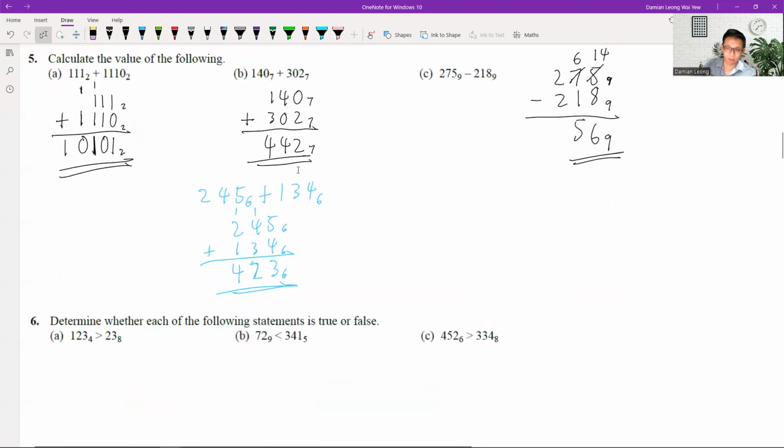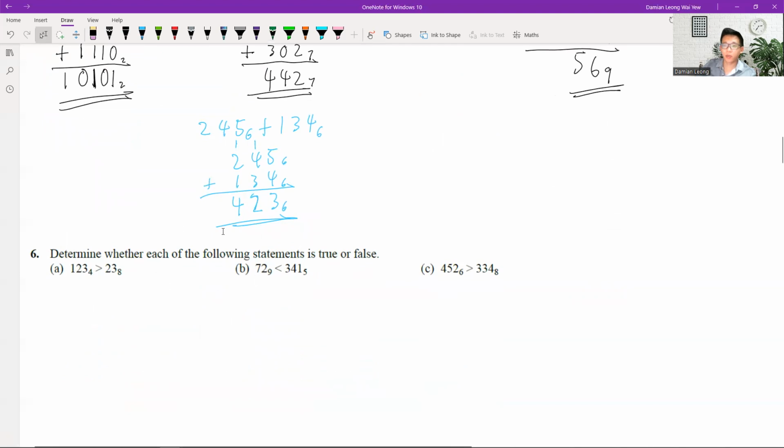Question 6 here. If you want to determine whether each of these is true or false, basically the best way to determine is we put both to the same base. Now, usually what I would do is I would change it all to base 10, because I don't need to know it in base 8, I don't need to know it in base 4.